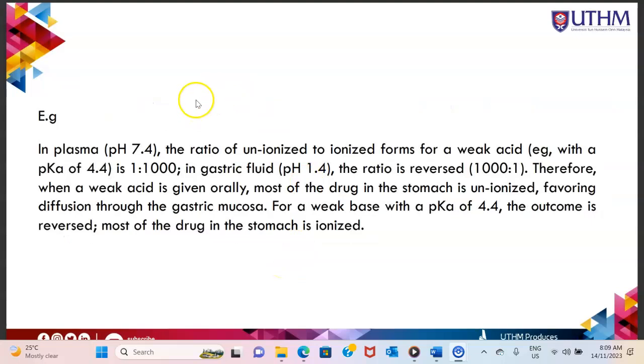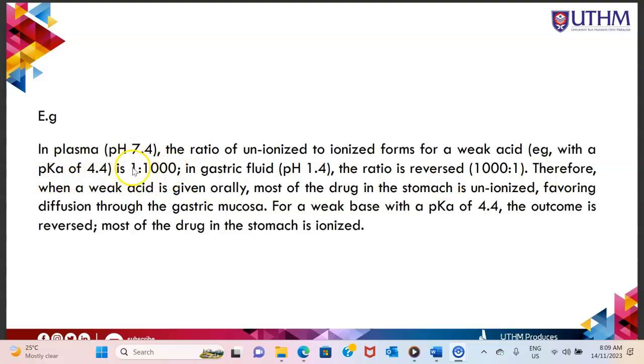So we give you an example. In blood plasma, where you have the pH of 7.4, the ratio of unionized to ionized forms for a weak acid, for example, with a pKa of 4.4 is 1 to 1000, right?